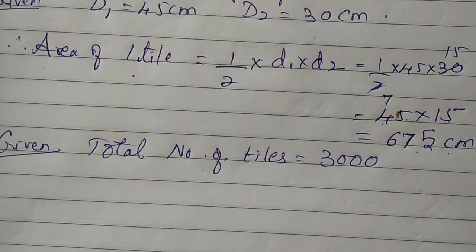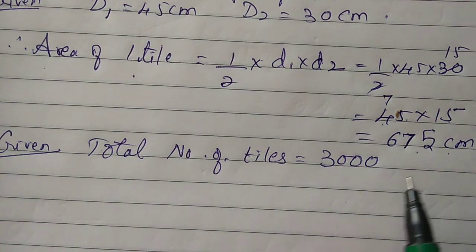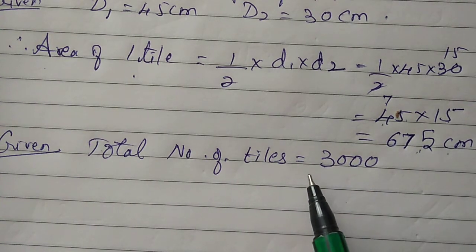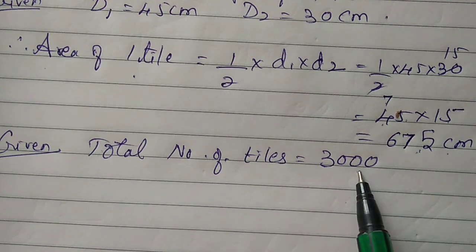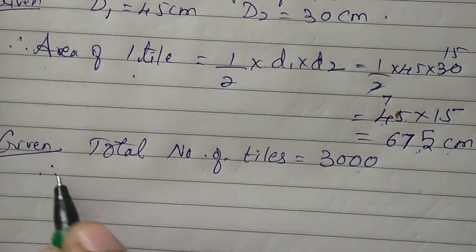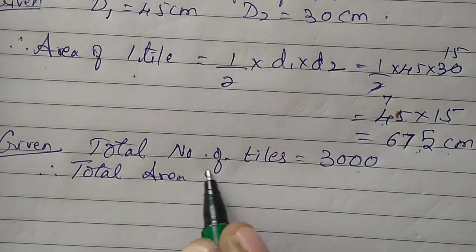So now, the area of one tile is 675 centimeters squared. In that room, the floor has 3000 tiles. That means, what is the total area of tiles? Therefore, total area of 3000 tiles.